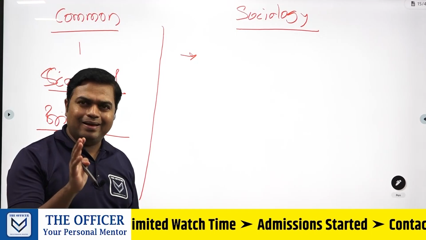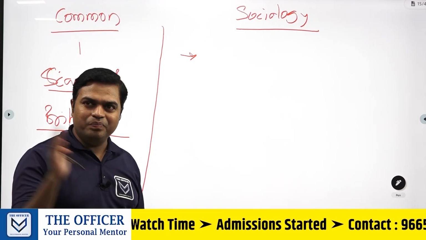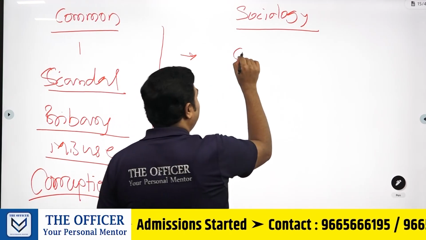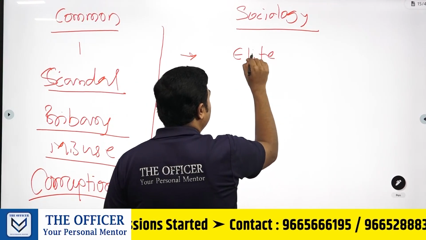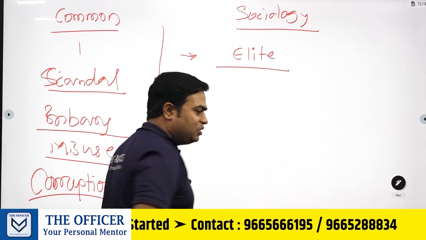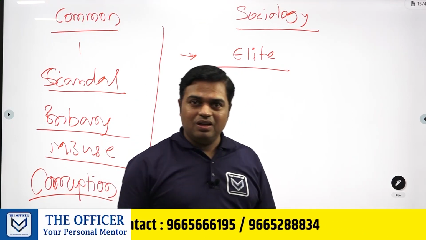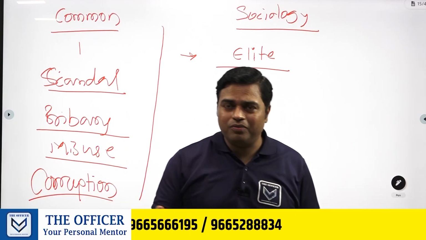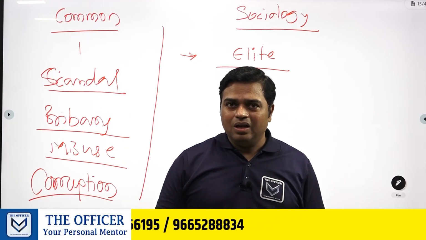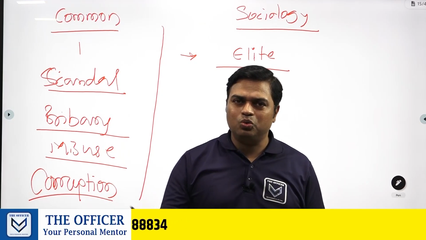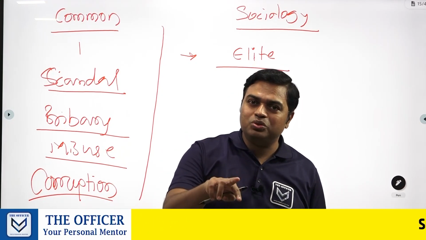Sociology helps you understand: is there any linkage with the elite classes? Pooja Khedkar belongs to the elite section of society. Her father, her grandparents, this is a very well-off family. A simple boy or girl is not able to exploit or misuse the system.